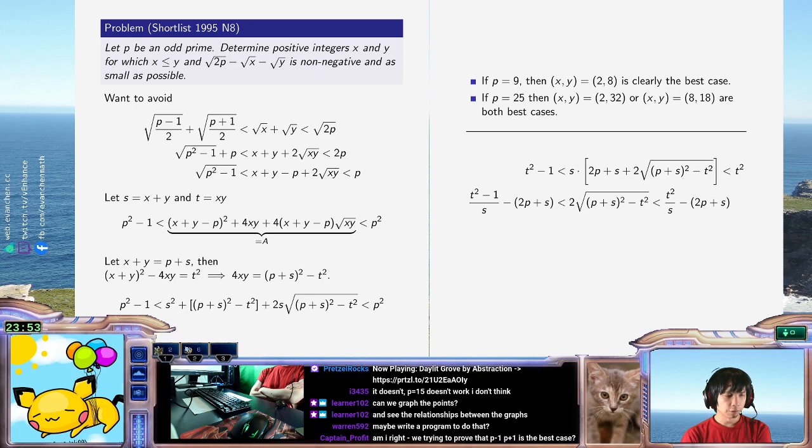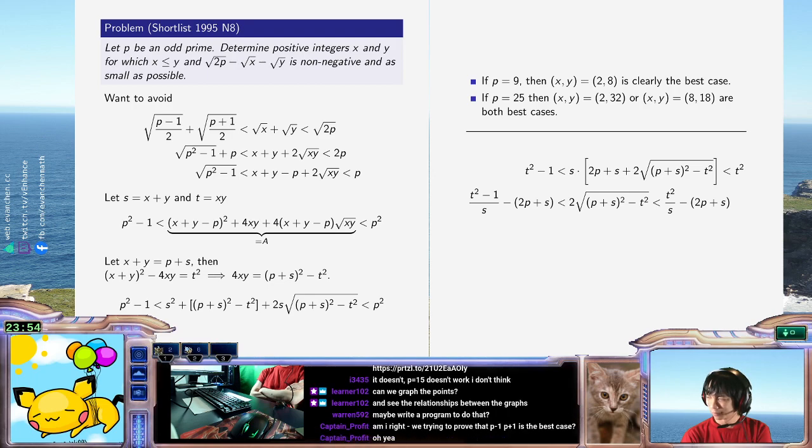Am I right? We're trying to prove p minus 1, p plus 1 is the best case. Over 2, but yeah. You want p minus 1 halves and p plus 1 halves. Is what we think the answer should be. I really don't want to square both sides of that.